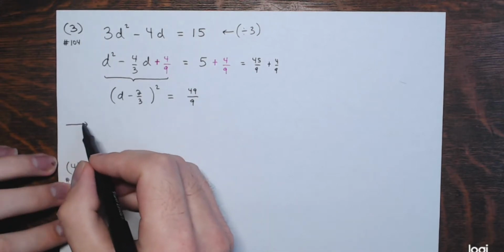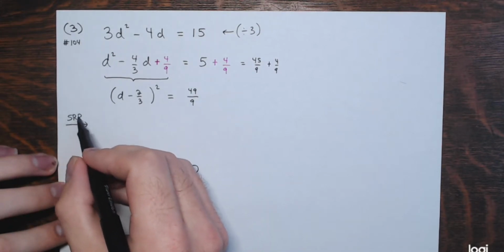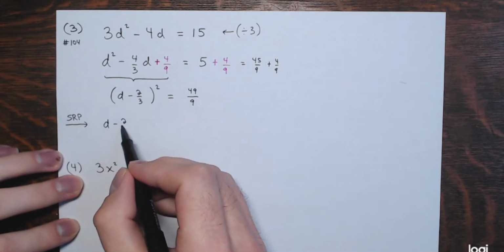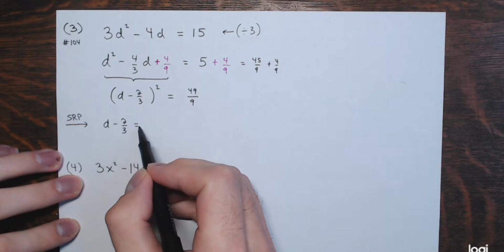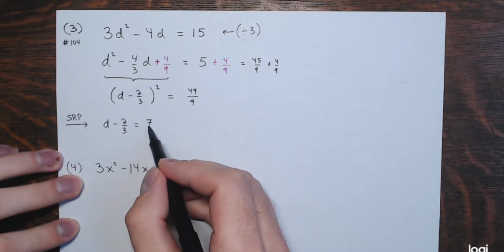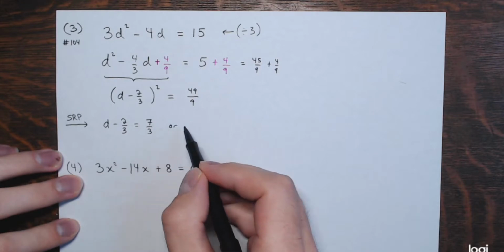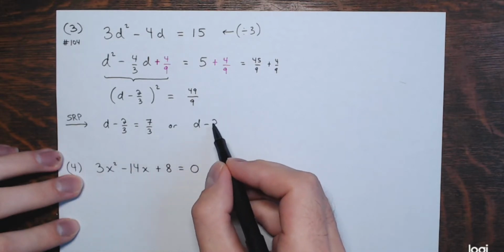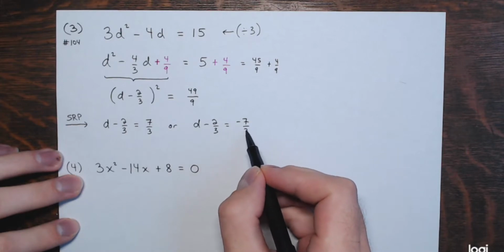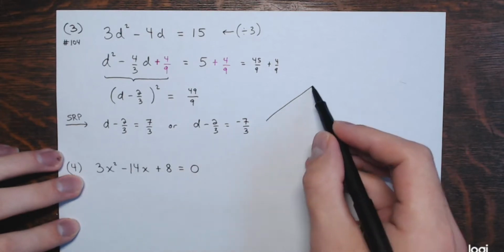So then I can apply that square root property and say that d minus 2/3 must be equal to either 7/3, the square root of 49/9, which would be 7/3, or the opposite of that. D minus 2/3 equals negative 7/3. I'll take this up here.